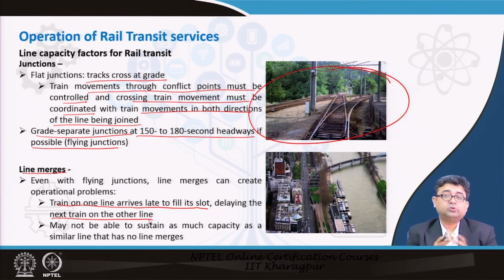But if anything goes wrong on your dedicated right of way, you cannot fix it very quickly. So, smaller delays add up to making a larger delay as well. So, a dedicated right of way is something that has both advantages and disadvantages.